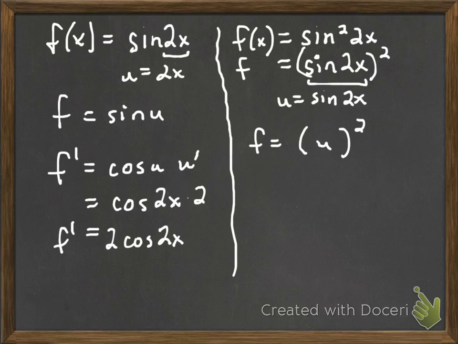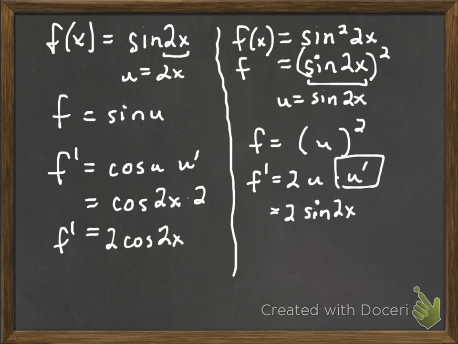This is where we talk about the outer and the inner, derivative of the outside times the derivative of the inside. And if you get stuck on these, it helps to write them with the u. So this is 2 times u to the first times u prime. Substitute back in, sine 2x. And then u prime we already did over here.